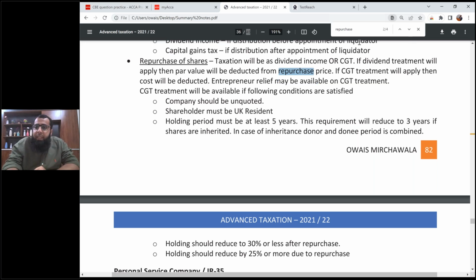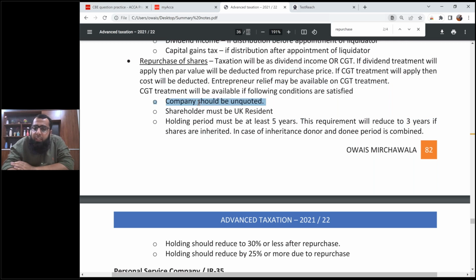Okay. Now, taxation will be divided as dividend income or CGT. If dividend treatment applies, then par value will be deducted. If CGT treatment is applied, then cost will be deducted. Entrepreneur relief, which is now referred to as business asset disposal relief, BADR, may be available on CGT treatment. Now, what are the conditions of the CGT treatment?